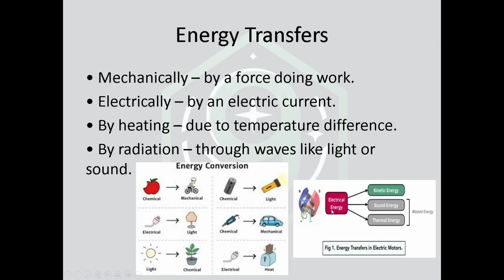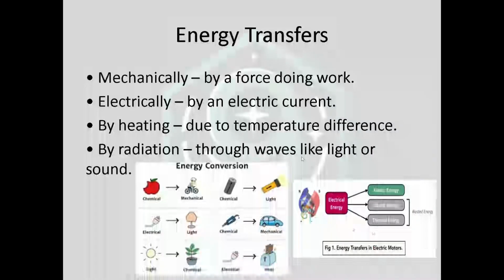And I've actually left some pictures here, so we may take some chemical energy from an apple and use that to move the bike mechanically. Chemical energy from the batteries allows the torch to light up. For example, this one here, the plant will absorb the light energy from the sun and convert that into chemical energy for growth in photosynthesis.